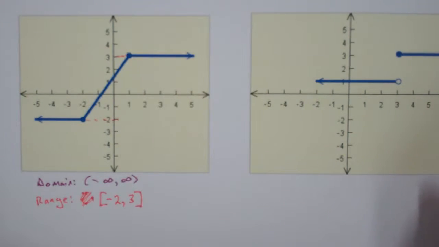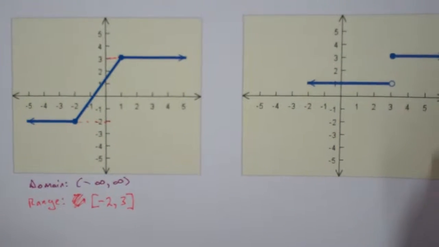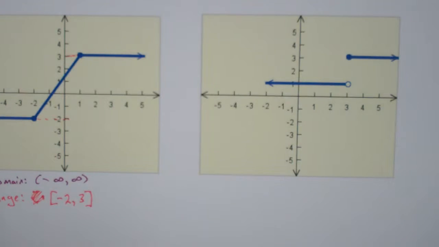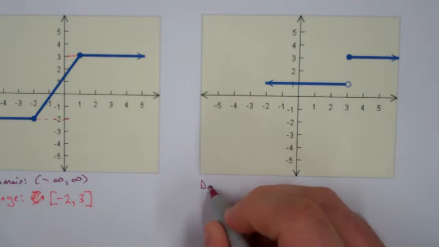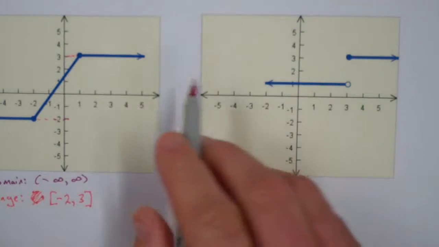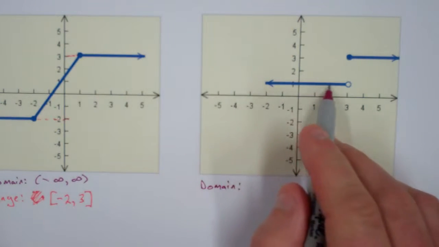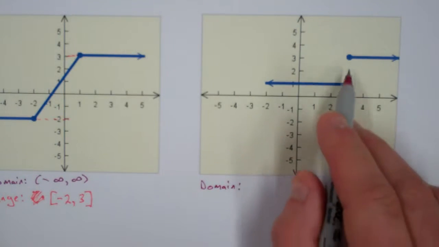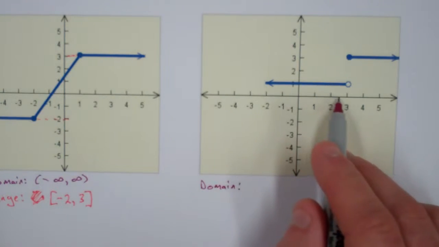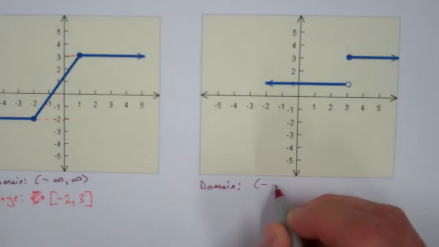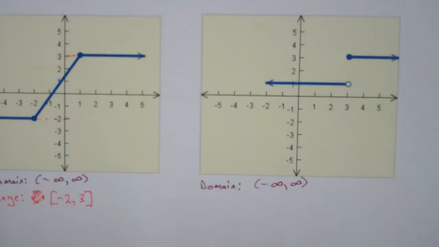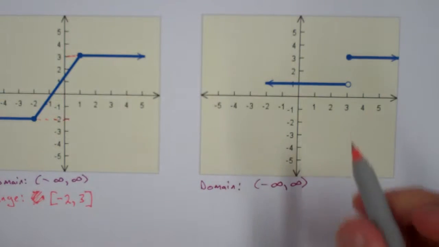Let's look at the next graph. I'll move this over just a bit for you so you can see it. There we are. So the domain for this one, from -infinity, and then even at 3, the function's defined here, and then we just keep going to the right. So all these x values will work. The domain is -infinity to infinity. The range, we only have 2 possible values for y.